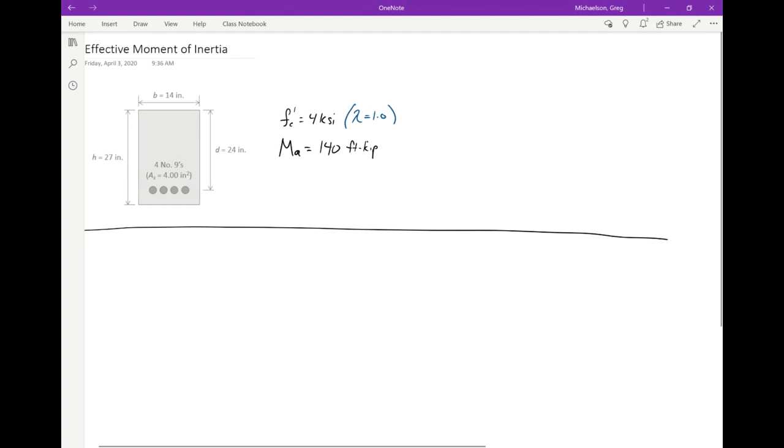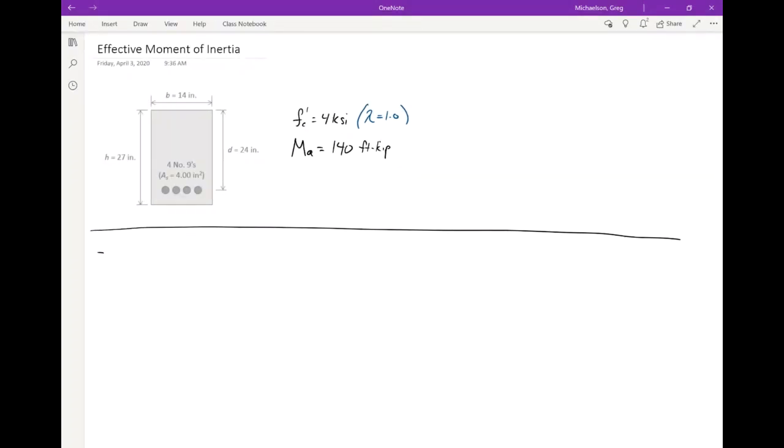The first thing I'm going to do is compute the gross moment of inertia. That's just IG, which is BH cubed over 12. Now if this was anything other than a rectangle, we'd have to go through and figure it out, but because it's a rectangle, this is just a very plug and chug expression.